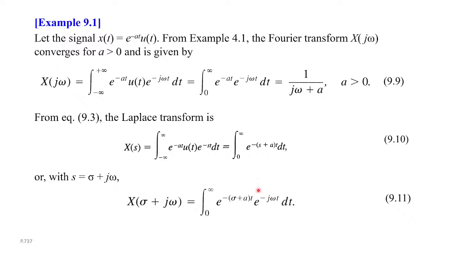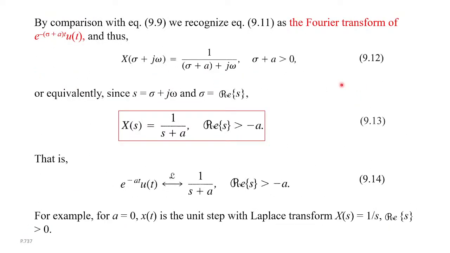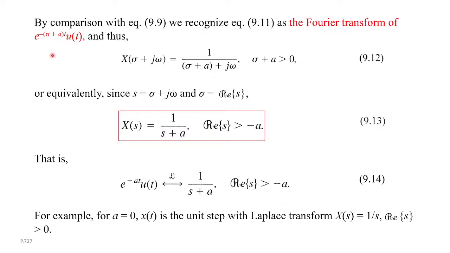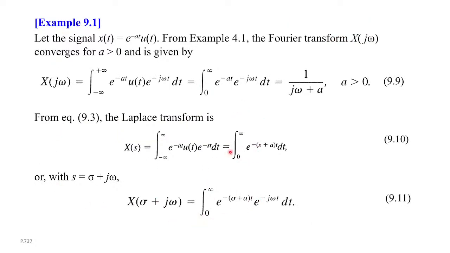But anyway, we compare this thing with our Fourier transform here, and we see that it's very similar to this equation, just instead of a here, we have sigma plus a here. And so we can also get this integral as this thing.